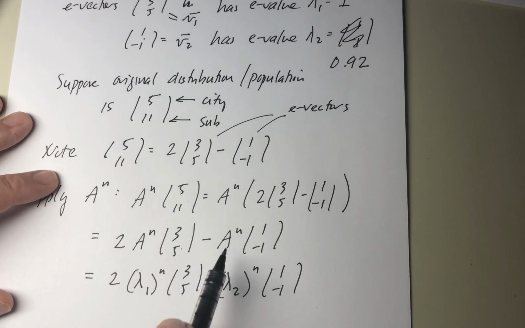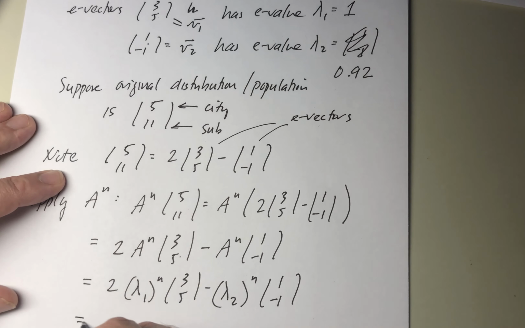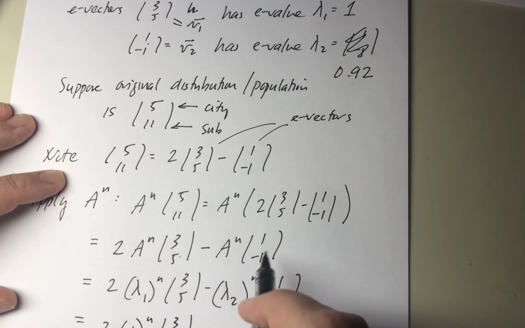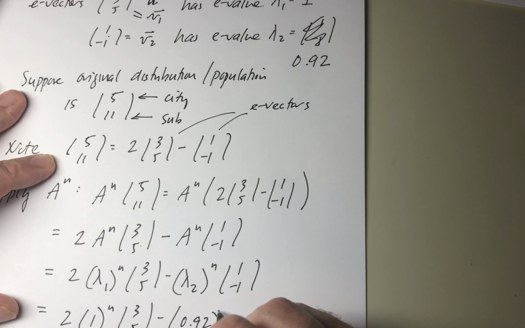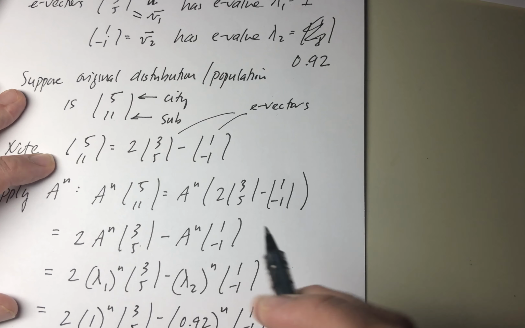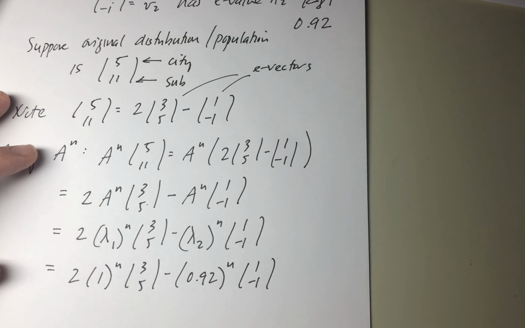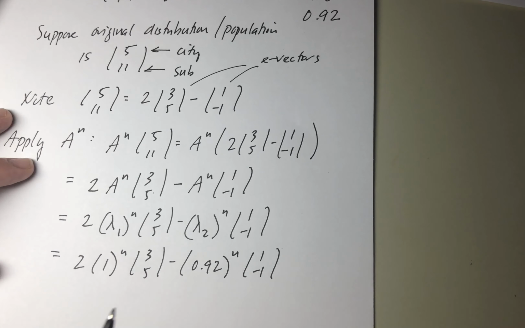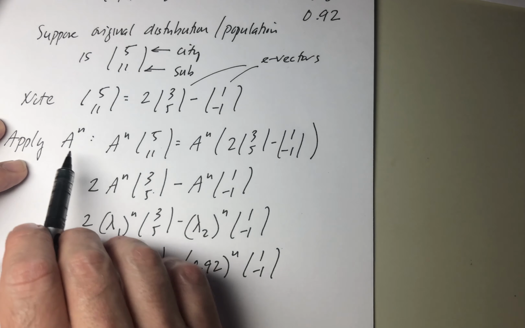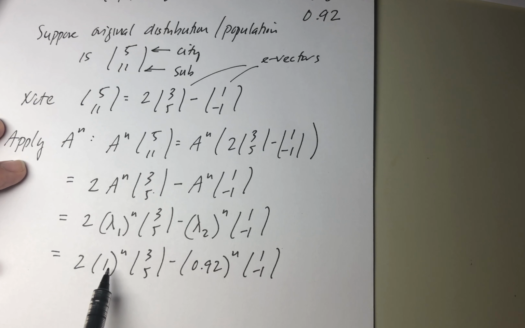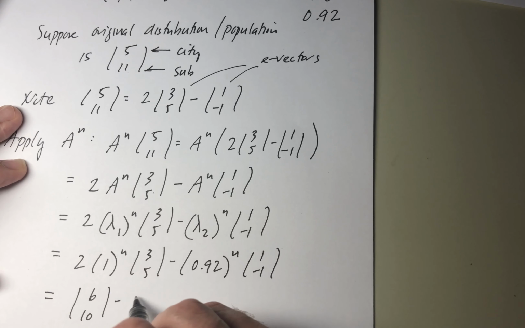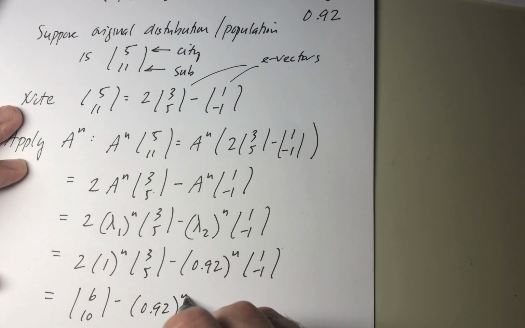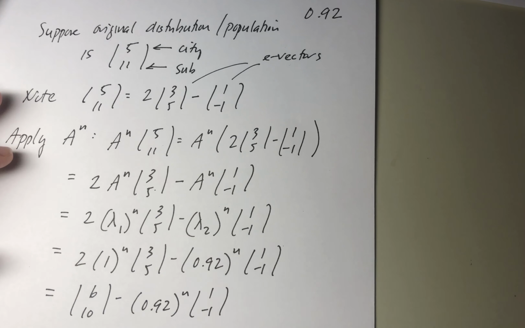And what are those eigenvalues? Well, we set up here. So this was 2 times 1 to the n times (3, 5), minus 0.92 to the n times (1, -1). Okay? Whew, lots going on here, but it's actually not too bad, because 1 to the n is nice, so this is just (6, 10) minus 0.92 to the n times (1, -1).